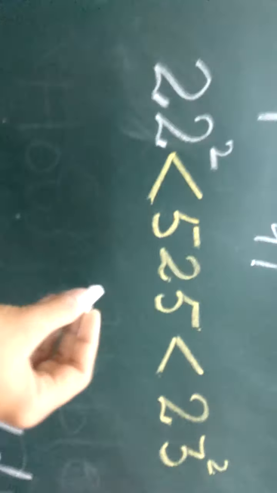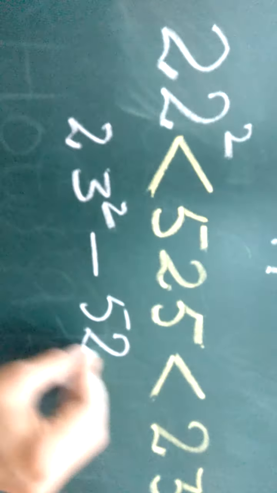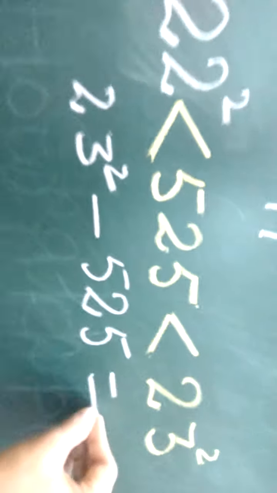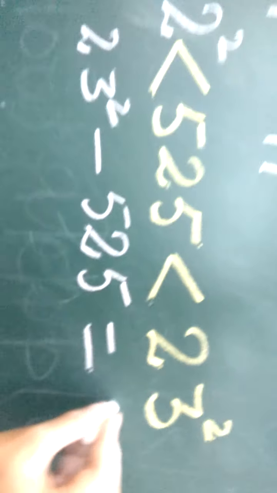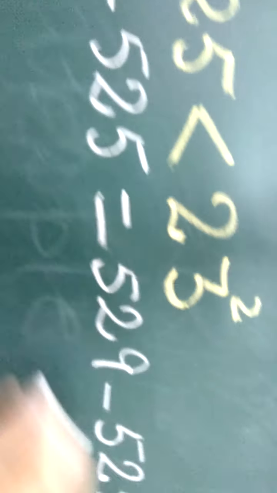So what do we do? We'll take 23 square minus 525. 23 square is 529 minus 525. So what do we get?